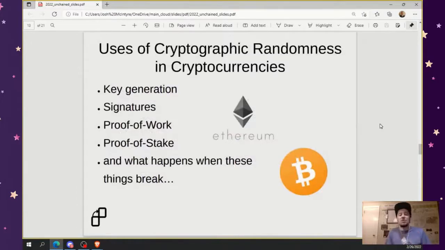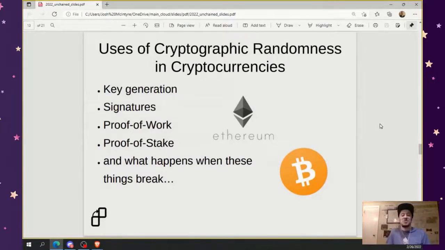So now that we have a good idea of what random functions look like, let's talk about some uses of cryptographic randomness in cryptocurrencies. There's a couple different places where we need to use randomness in order to build secure systems. The obvious one is key generation, right? Private keys are the core of crypto ownership.